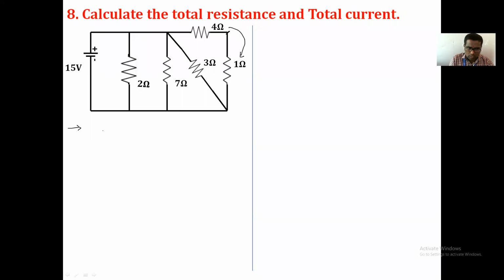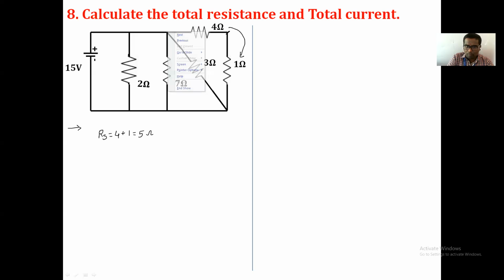So I try to calculate its resultant resistance. So I can write Rs is equal to 4 plus 1, which is equal to 5. But if you see, in between which 2 points these two resistors are connected in series, if you try to find out, then you will get it.